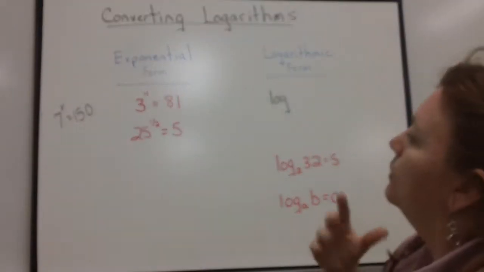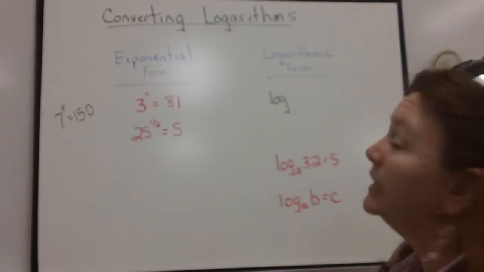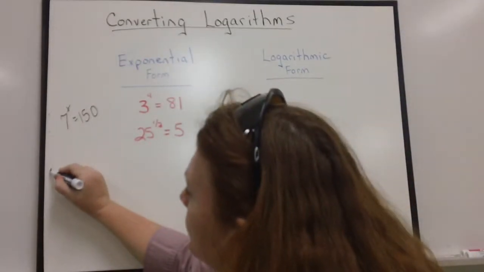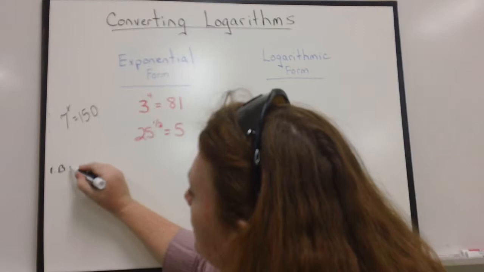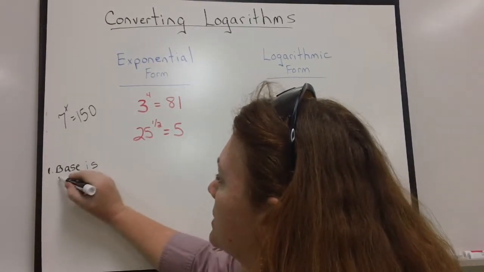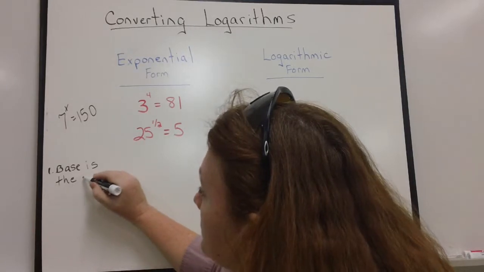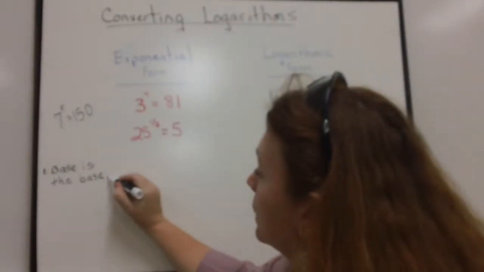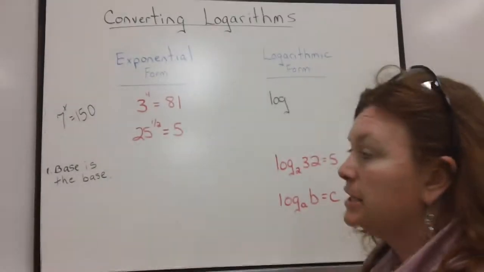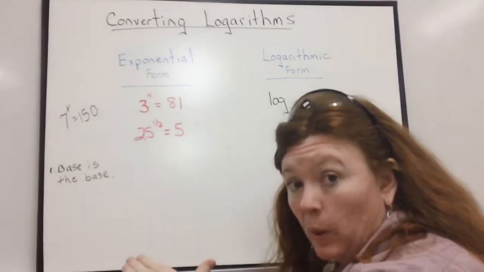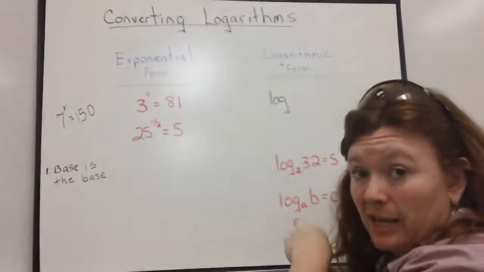All right, first rule. And I didn't leave room for this over here, so I'll try to write it over here. Rule number 1, if you can read this, the base is the base, or the base remains the base, whichever way you want to look at it. What that means is no matter which form I'm looking at, whatever was the base in one form stays the base in the other form.